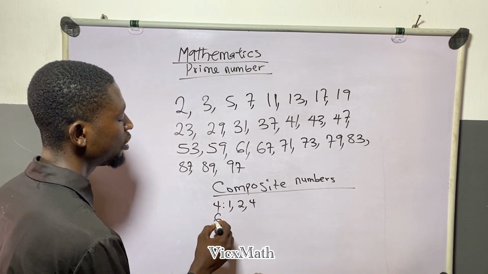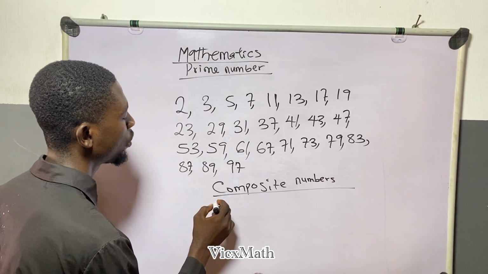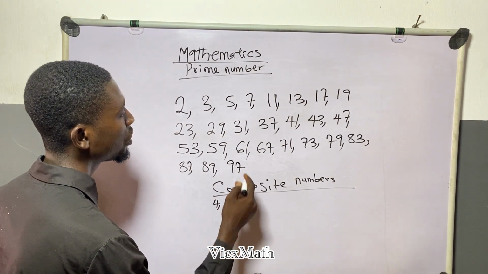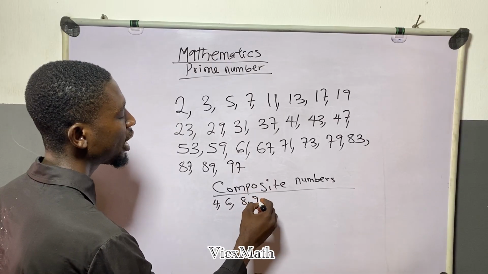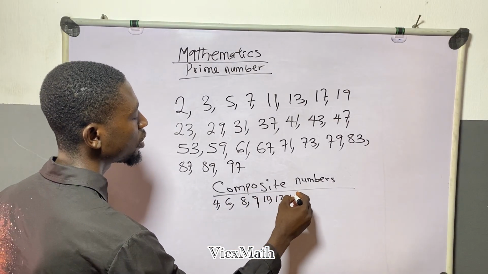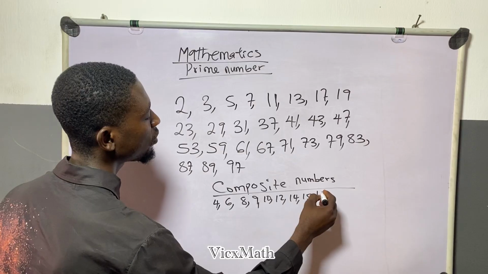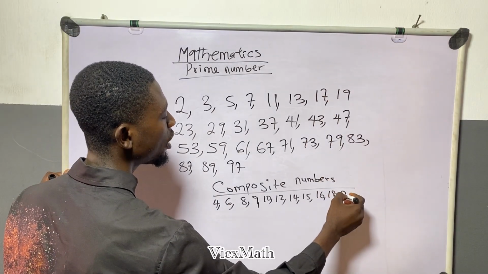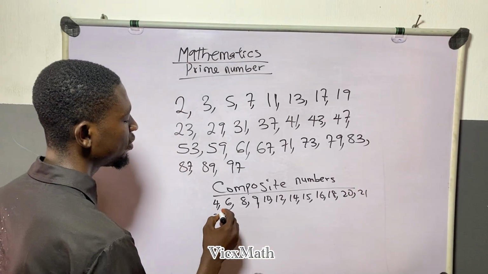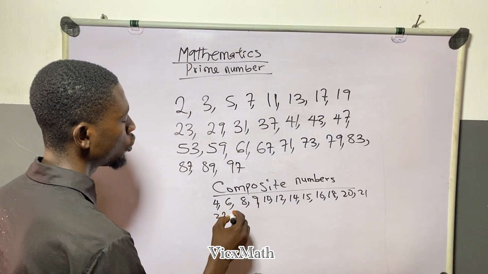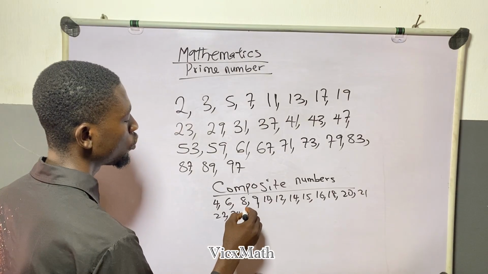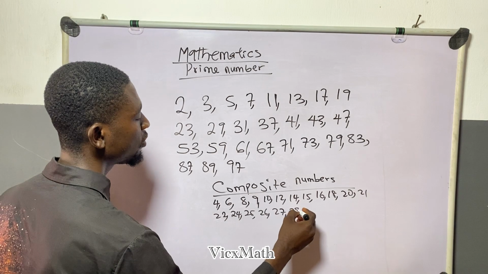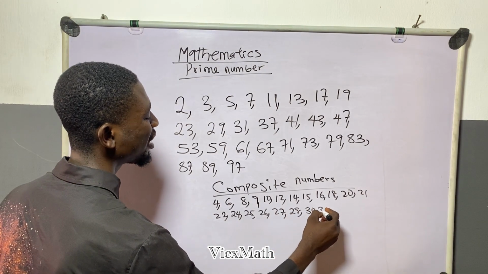We have 4, 6, 8, 9, 10, 12, 14, 15, 16, 18, 20, 21, 22, 24, 25, 26, 27, 28, 30, and so on.